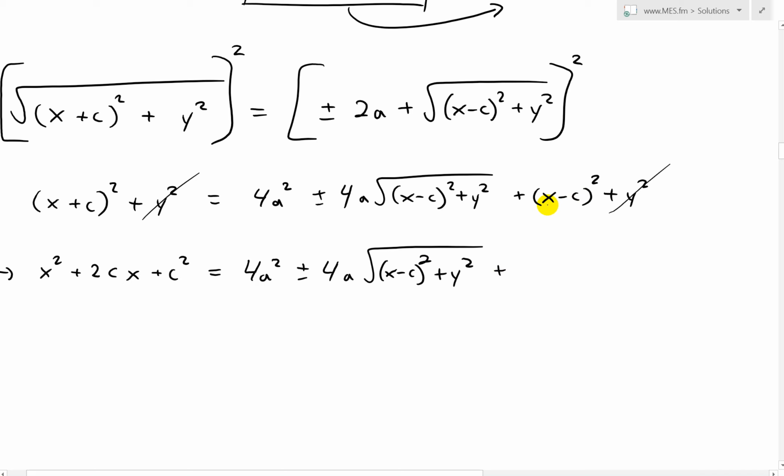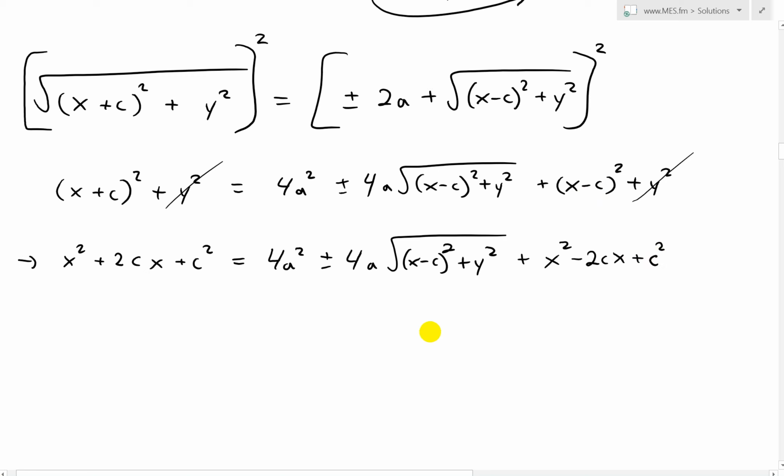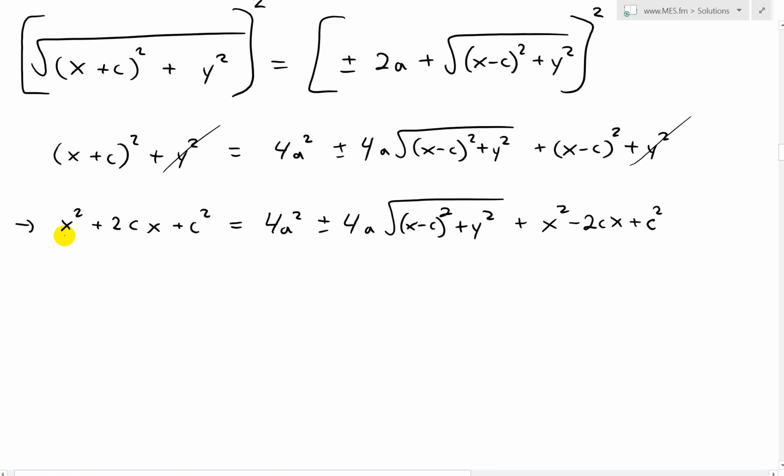That becomes x times x is going to be x squared. x times negative c is going to be negative cx. Negative c times x, it's another negative cx. Put a 2. Negative c times negative c is going to be plus c squared, like that. So we have this. Now let's look at some more cancellations we can do. We can cancel this x squared, this c squared, and this c squared.